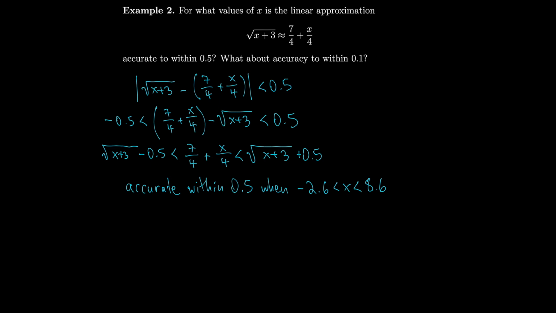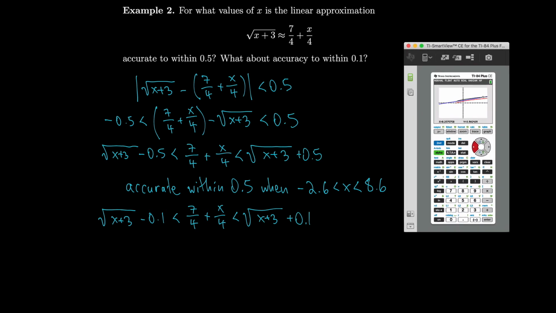Okay, we want to also do it for accuracy within 0.1, so we have the exact same thing to plot. We'll just change the minus 0.5 to minus 0.1. Okay, so we go back to our calculator.